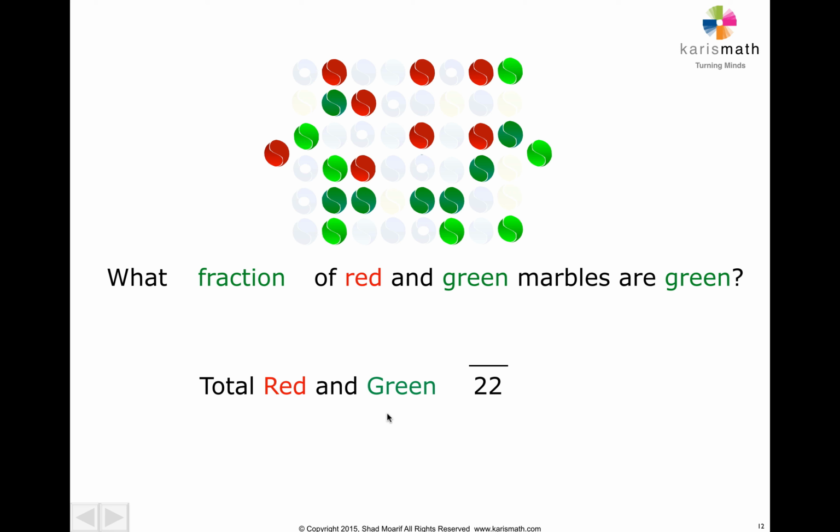Now, what amount from this is green? So you count only the green marbles, and you'll come to this figure, 14. That means 14 marbles out of 22 red and green marbles are just green.